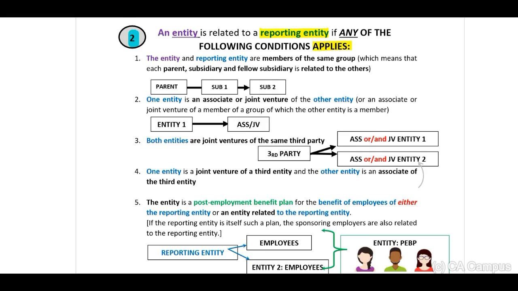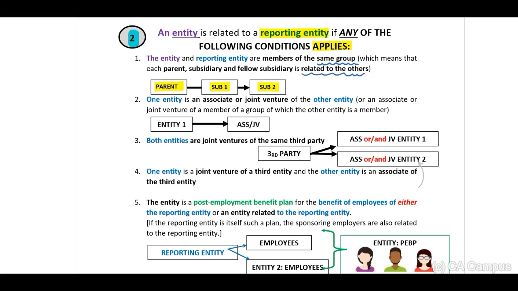Now, number one, the entity and reporting entity are members of the same group, which means that each parent, subsidiary, and fellow subsidiary is related to the others. Therefore, when you look at this, we have a parent, we have subsidiary 1 and subsidiary 2.